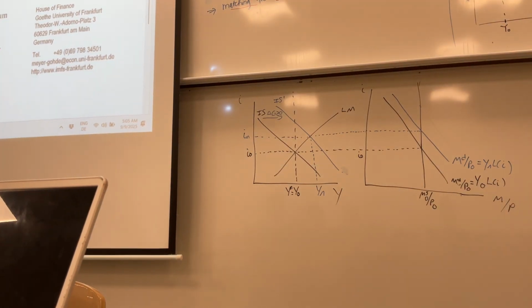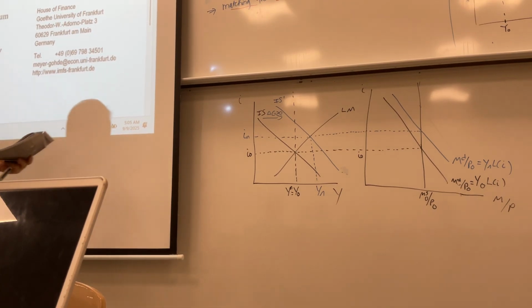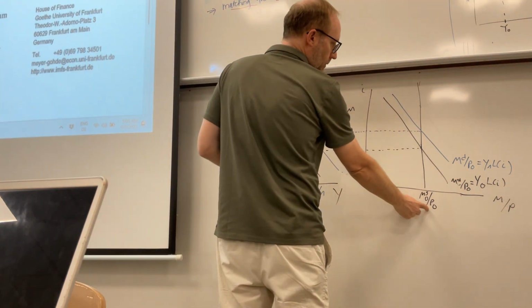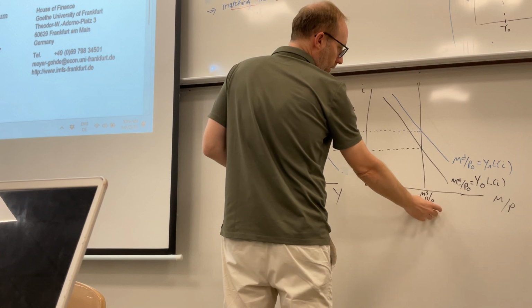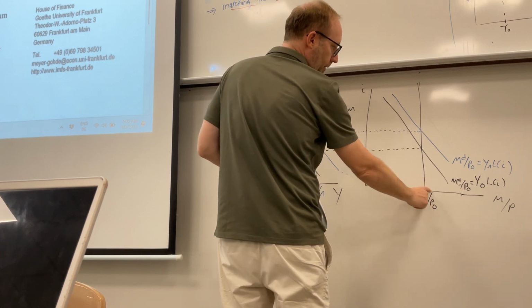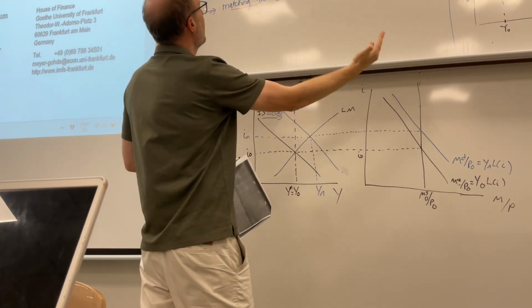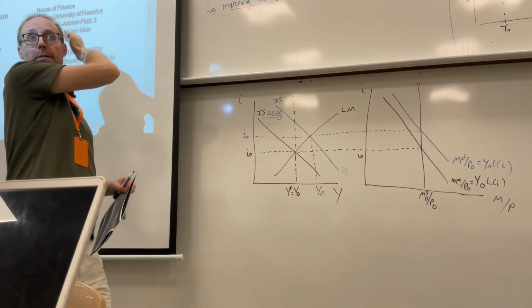Now we have the insight that you pointed out here. The price level is going to increase. Right, what happens if the price level increases? Well, that shows up here, right? An increase in the price level is the same intuitively as a decrease in money supply.